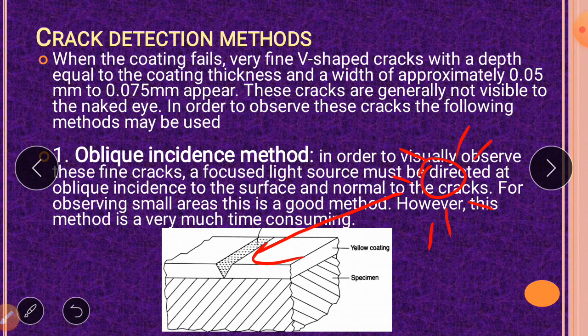When we focus the light on those cracks, some reflections are observed. By that reflection, we can determine what the cracks are, how many cracks are developed, in which direction they developed, and what the width and depth are. We can understand this by this method.